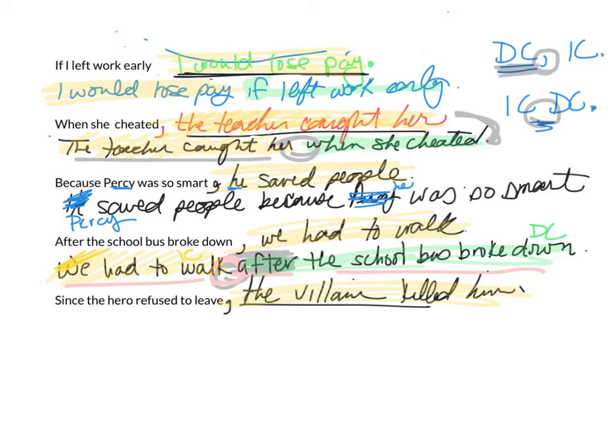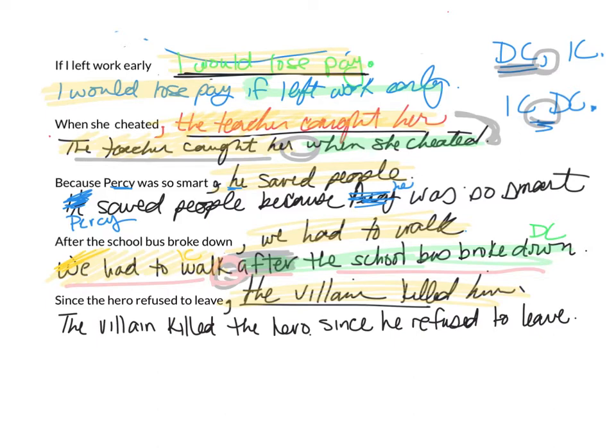Do one more. Since the hero refused to leave, the villain killed him. Okay. Here, you really should change the him into the hero because otherwise we haven't yet mentioned who we've got going on. There is no comma here because we now have an IC-DC structure. But believe it or not, there is still an issue. The villain killed the hero since he refused to leave.